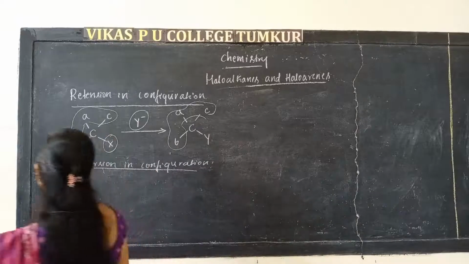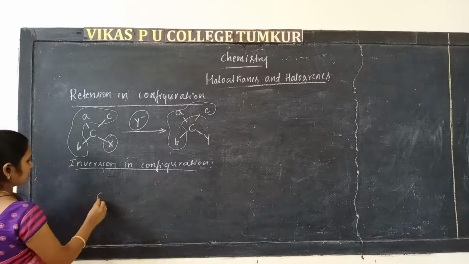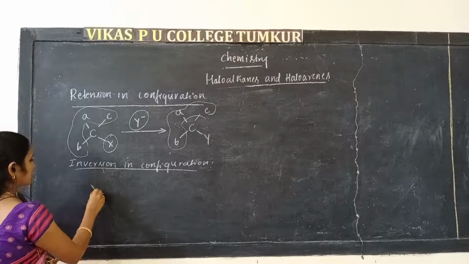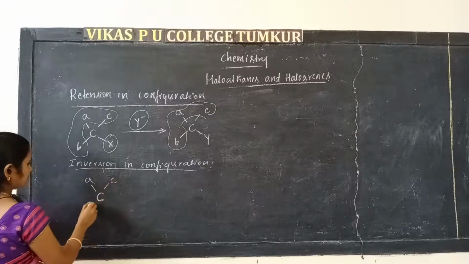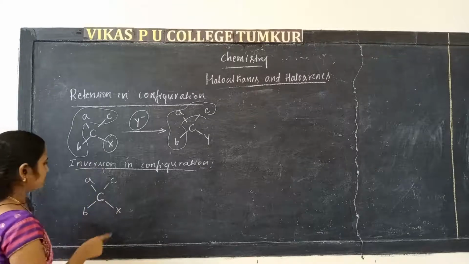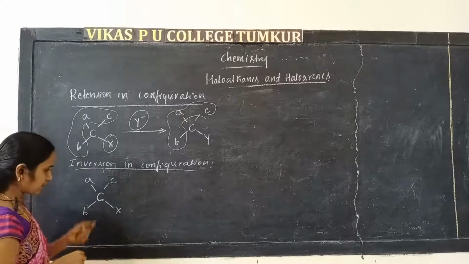You can see that we take the same carbon. This is the stereogenic carbon, with A, C, B and X, the 4 groups attached to the stereogenic carbon.